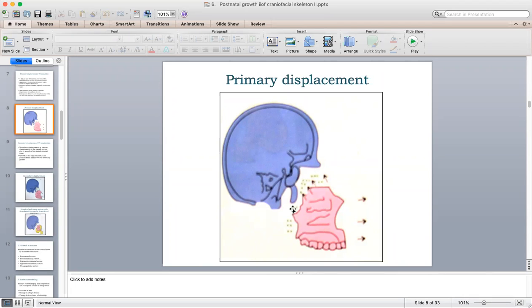So when there is growth in the posterior part of the maxilla, this is the tuberosity over here, and this is the rest of the structures. When bone grows in the tuberosity area, there are the pterygoid plates abutting downwards. So the bone cannot push it backwards, and therefore the growth in this region pushes the entire maxilla forwards. This is the primary displacement.